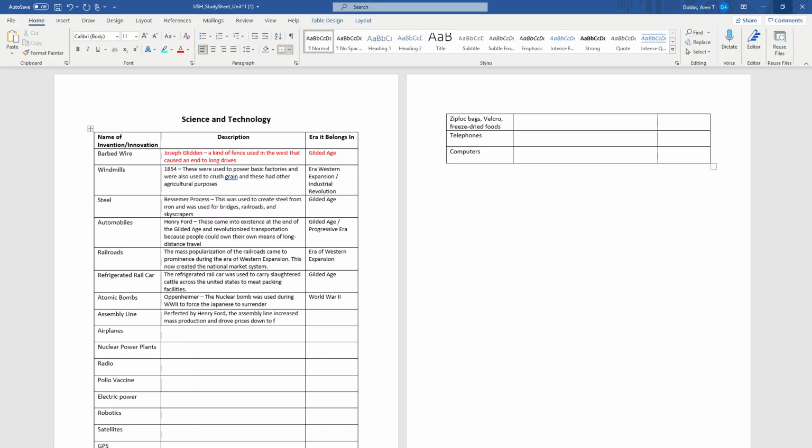This invention ushered in fast transport, as Lindbergh was the first person to solo fly across the Atlantic. And this happened, we'll put this during the Roaring Twenties, because that's when Lindbergh flew his solo flight across the Atlantic Ocean.